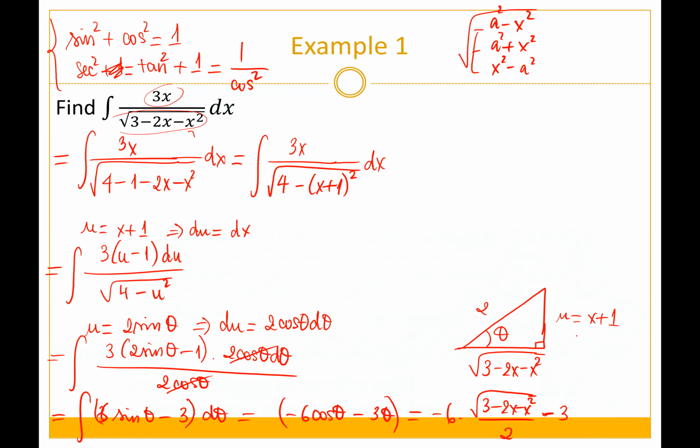You can write anything you want, but I'm just going to keep my initial substitution, which is negative 3 inverse sine of (x plus 1) over 2. And here you can further simplify it to negative 3 instead of negative 6 over 2. And this is my final answer for this problem.